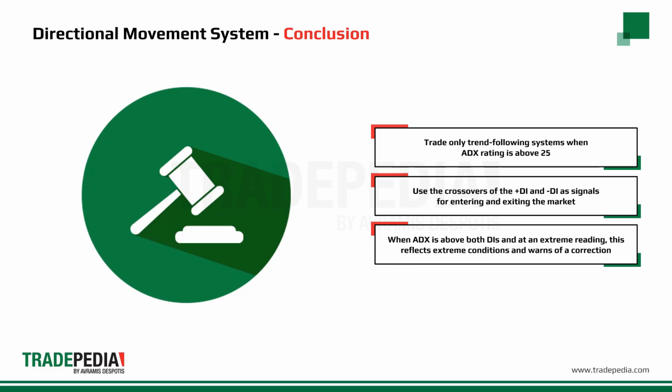Note that when ADX is above both DIs and is in an extreme reading, this reflects a trend that is overbought or oversold and could act as a warning towards a correction. When the ADX is below both DIs, avoid trend-following systems because little directional movement is indicated. When the ADX is below the 20 to 25 area, avoid trend-following systems, since little or no directional movement is indicated, regardless of the ADX position relative to the DIs.